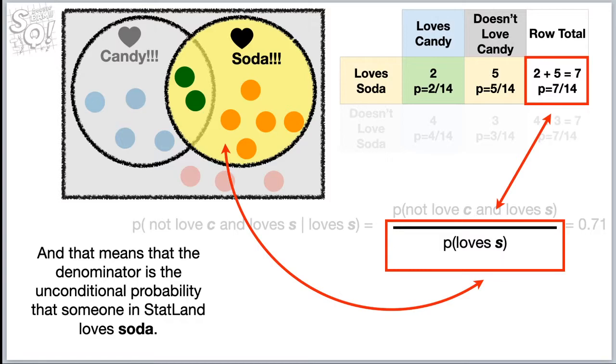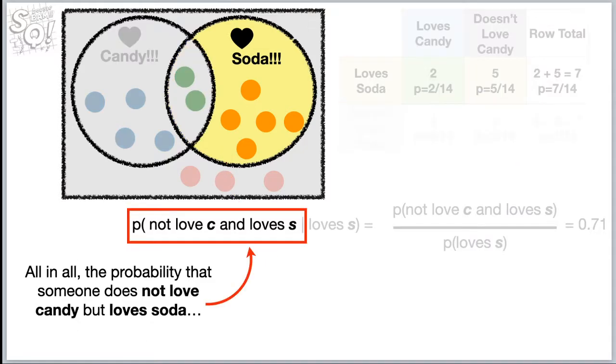Anyways, so we can replace that with the statistical statement of the probability that somebody loves soda. Okay?